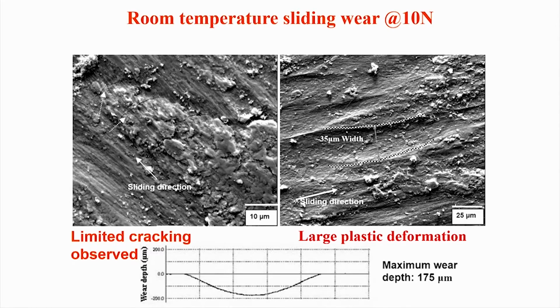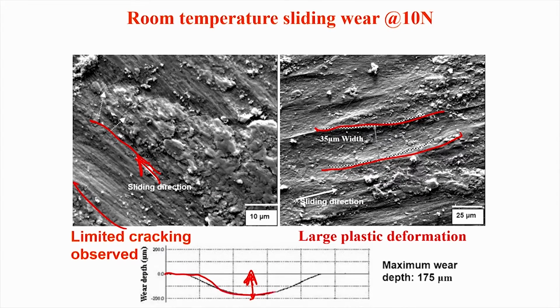What you see here are very clear observations of plastic deformation and groove formation. If you see, this is the sliding direction, and there are typical plastic grooves about 35 micron in width, and the depth is quite high, as you can see.